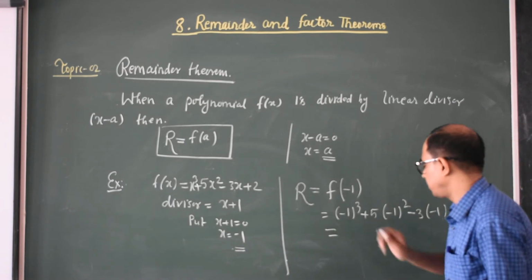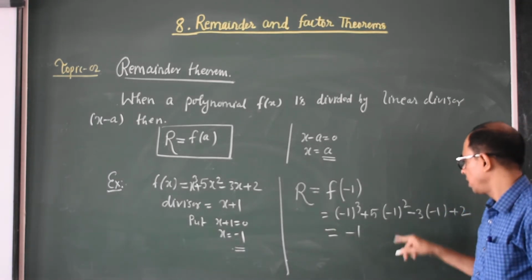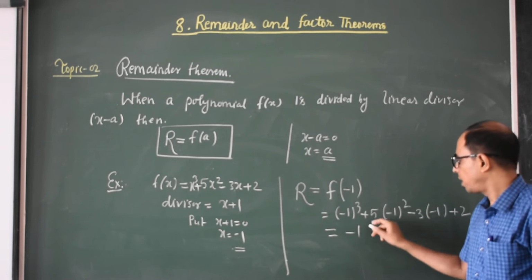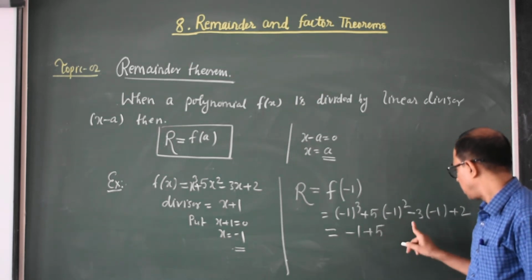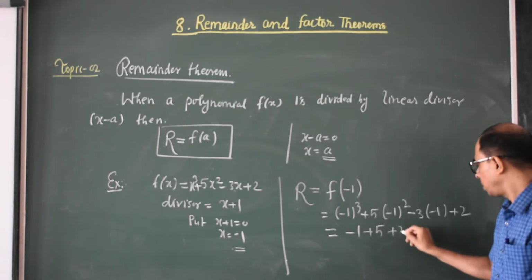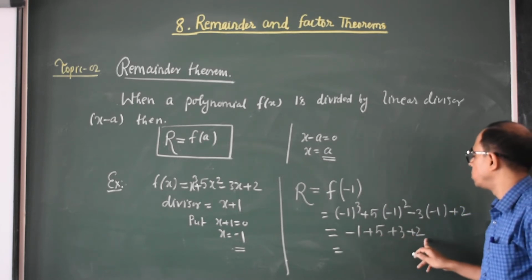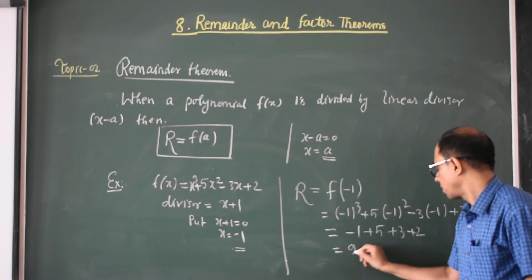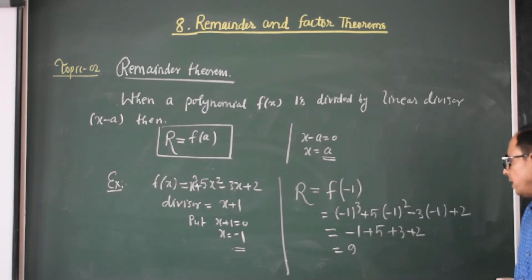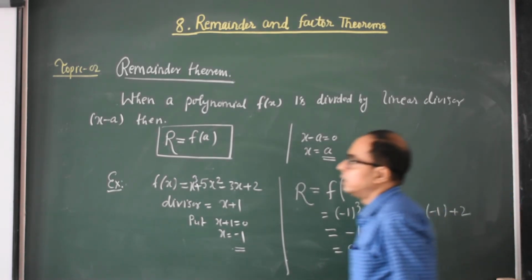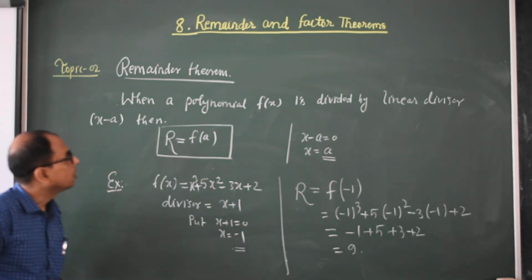Now simplify this. Minus 1 square is 1, into 5 that is plus 5, and minus 3 into minus 1 that is plus 3, and plus 2. So ultimately we get 8 plus 2 is 10, minus 1 is 9. So this is the value of the remainder.